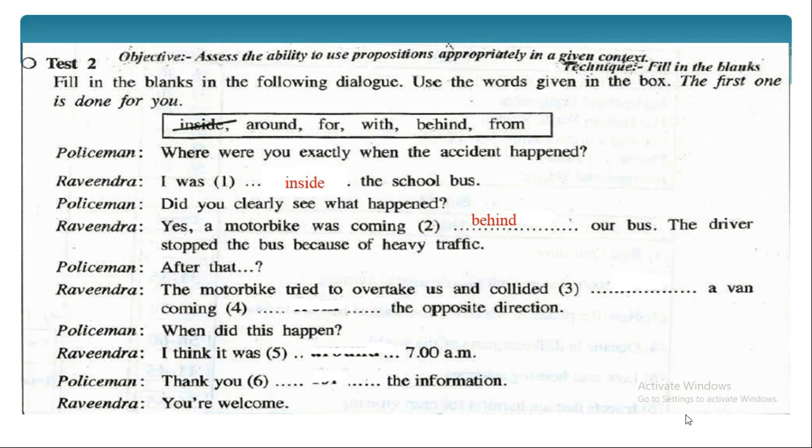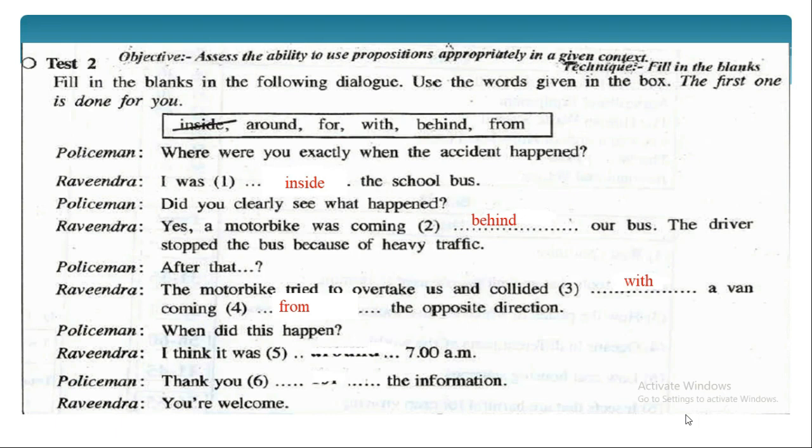After that, the policeman is asking more details. Ravindra: The motorbike tried to overtake us and collided with a van coming blank the opposite direction. The answer is with a van coming from the opposite direction.